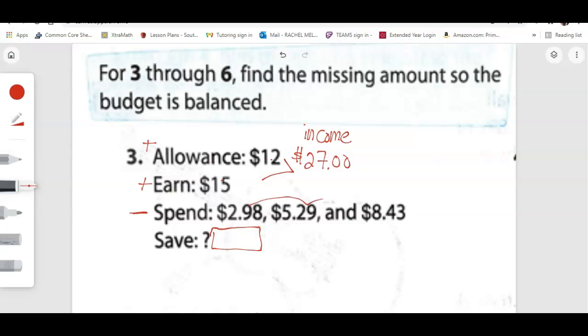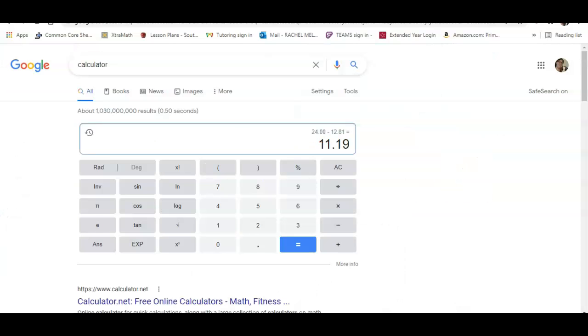Next, I want to add all of my expenses. Okay, so I add $2.98, $5.29, and $8.43. Okay, using my calculator, I'm going to clear.